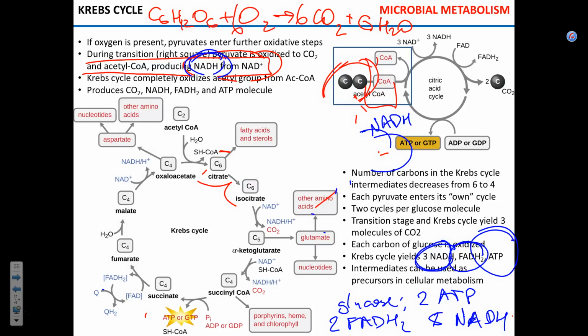It's not only a step in oxidative respiration, it also provides an enormous number of intermediates that the cell can use in different biosynthetic anabolic pathways. For example, citrate and acetyl-CoA can be used for the synthesis of lipids, like sterols or fatty acids. Alpha-ketoglutarate can be, via glutamate, used for the synthesis of amino acids and nucleotides.